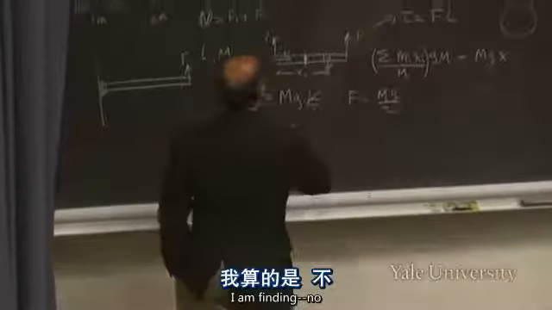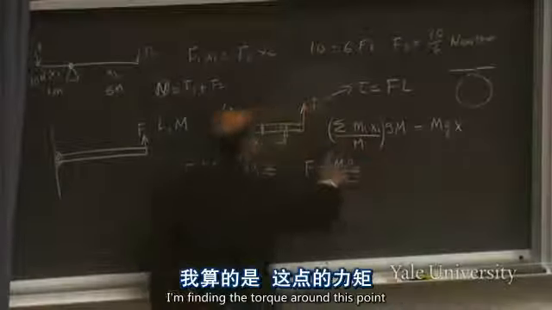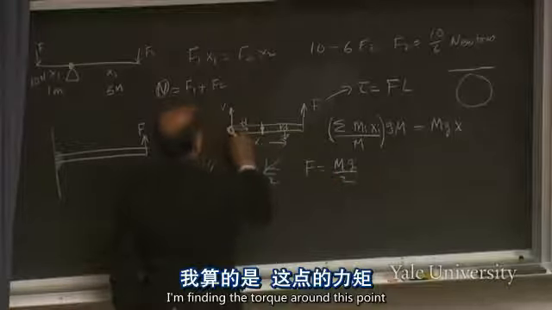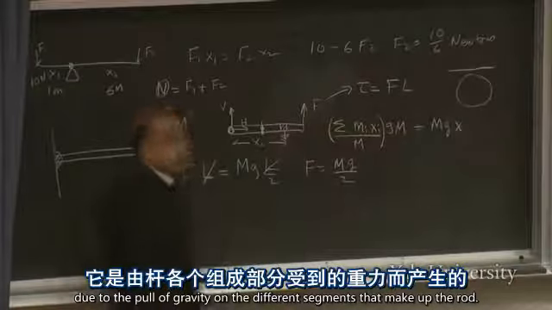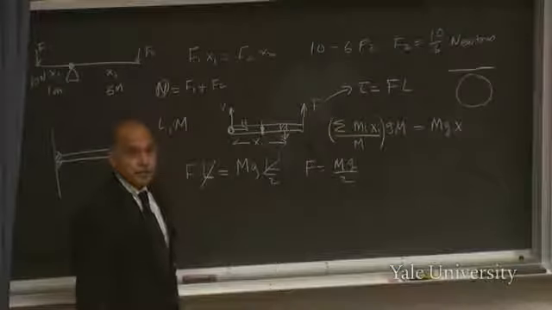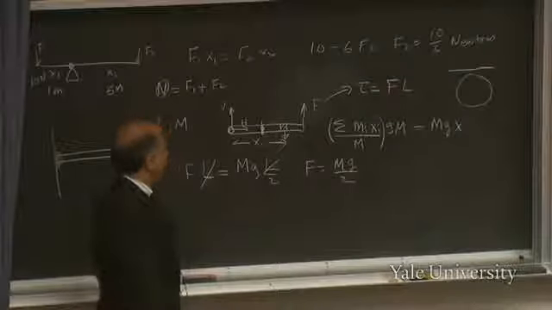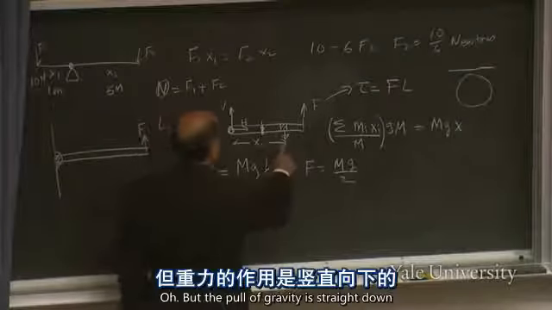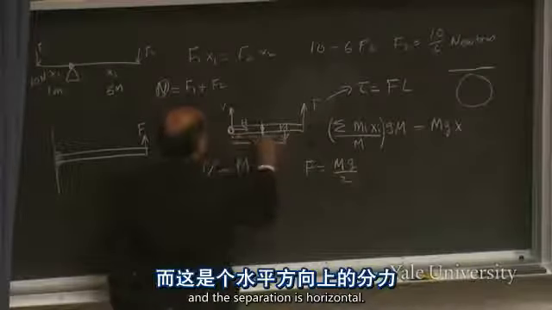No, what I'm calculating here is not the net force. I'm finding the torque around this point due to the pull of gravity on the different segments that make up the rod. I know that, but why can you make it sine 90 and not the sine of the angle that you're applying it at? Oh, but the pull of gravity is straight down and the separation is horizontal.